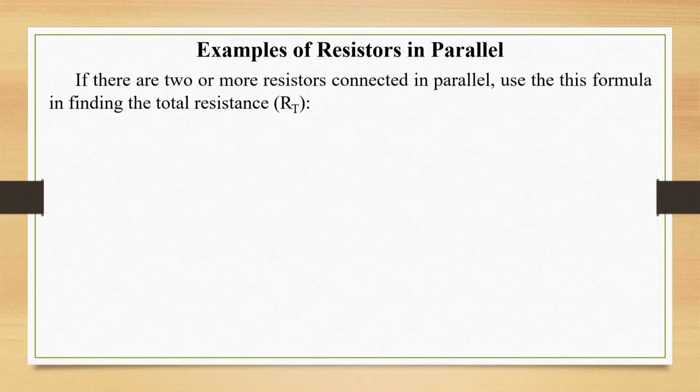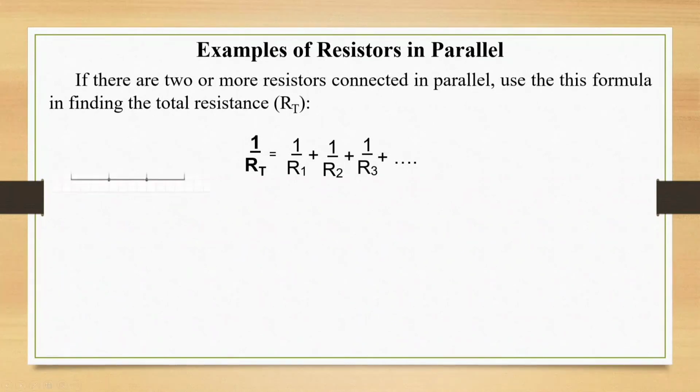Next, we're going now to the third formula. If there are two or more resistors connected in parallel, use this formula. This will be our formula: 1 over the total resistance is equal to 1 over R1 plus 1 over R2 plus 1 over R3, and so on and so forth. So suppose we have here 3 resistors connected in parallel.